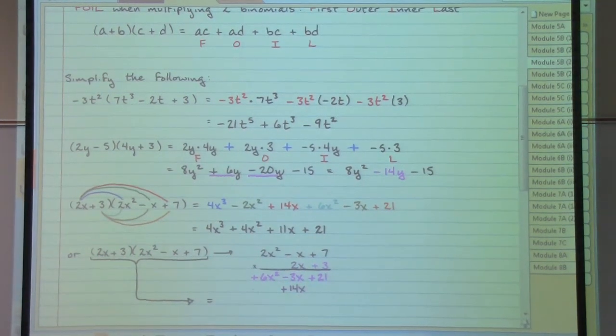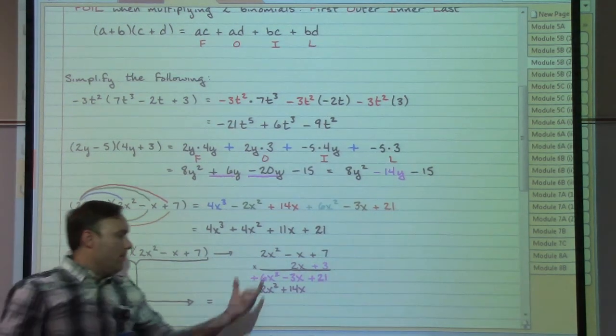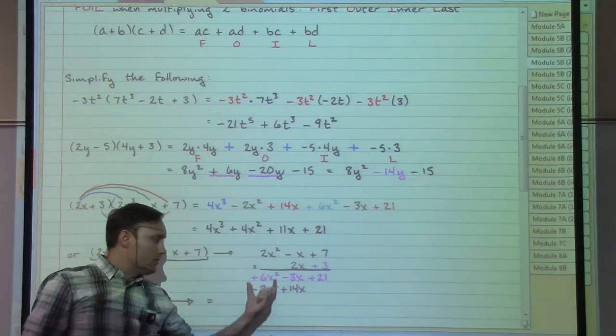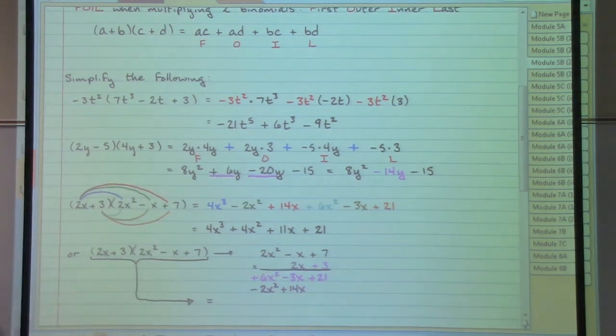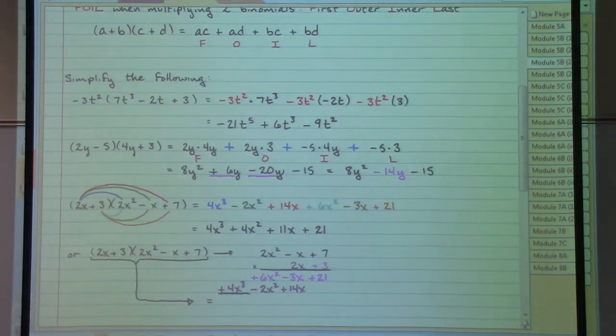So that's going to give us a negative 2x squared. Notice that that's automatically going into a column where like terms appear. And then the 2x times what's in front of the x is a 2x squared. That's given us a plus 4x to the power of 3.